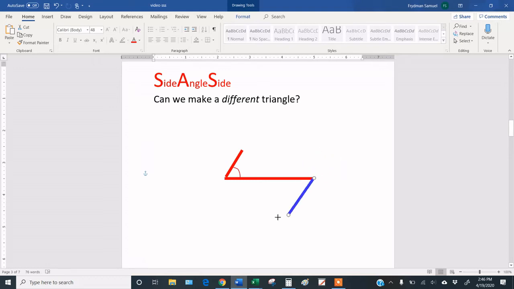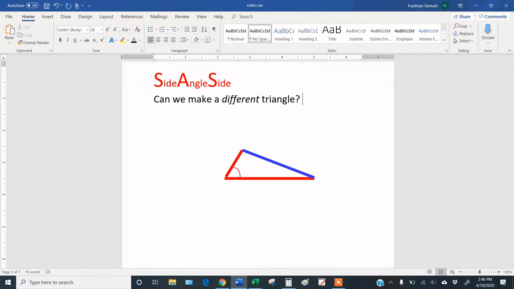Is there anything that I could do? Is there any place that I can put this side in order to complete this triangle in a different way? The answer is no. Even though I do have a lot of freedom here with this side, all of the other conditions are so strict that really this is going to be the only place that I can put that side.